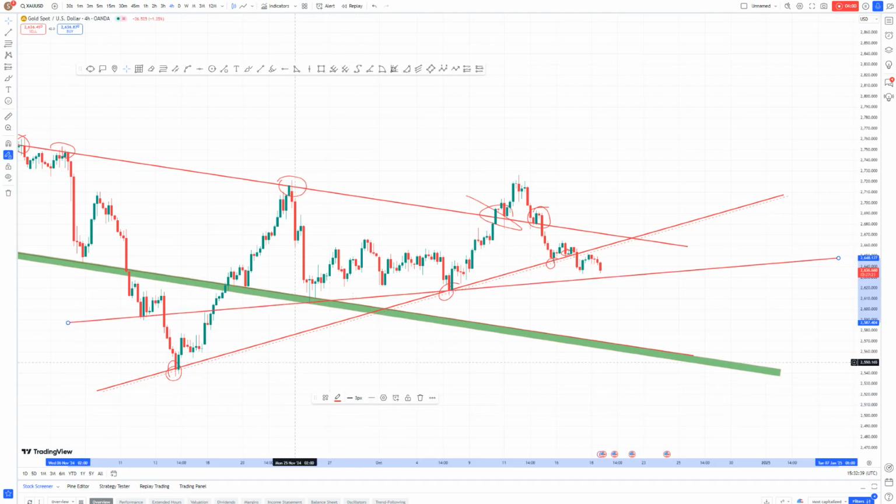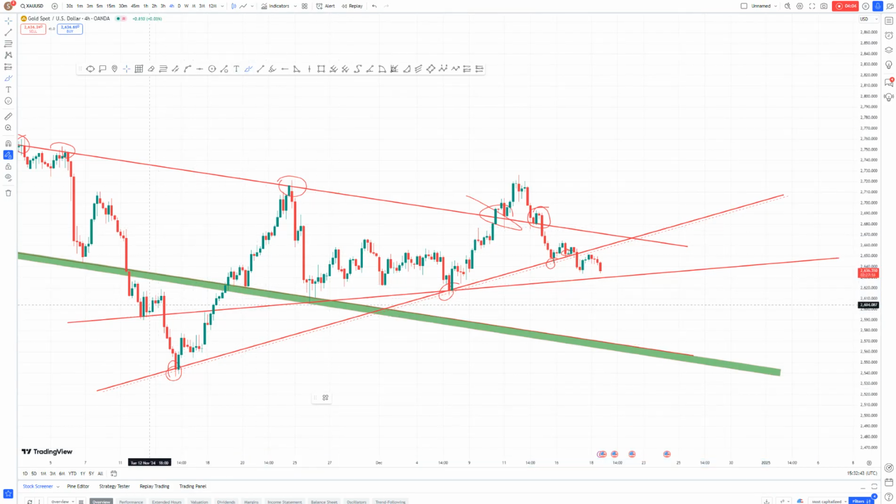So you can see the structure at this level. Also another clean structure. We have here support structure, break of a support structure, price returns here, retested it as a resistance structure, break of a resistance structure, price returns here on a perfect rejection for a buy level, return again on a perfect rejection for a buy level, opening here for sell. Where price continues to sell down, we expect that this place should be watched for a buy.